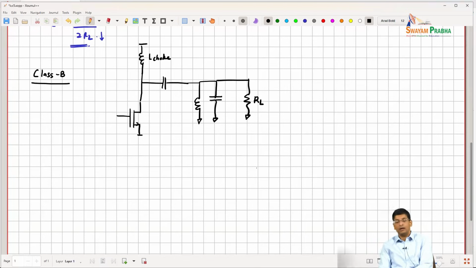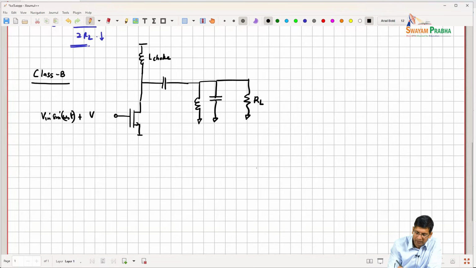So the idea in class B design is that I bias this device at the threshold, so this is Vin, let's say sine omega naught t plus V threshold.